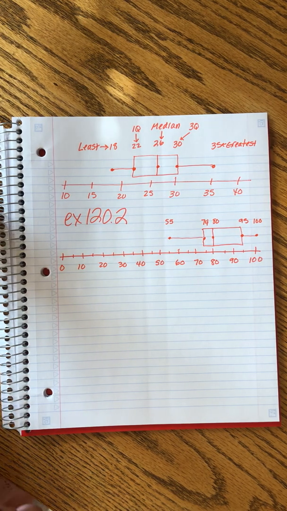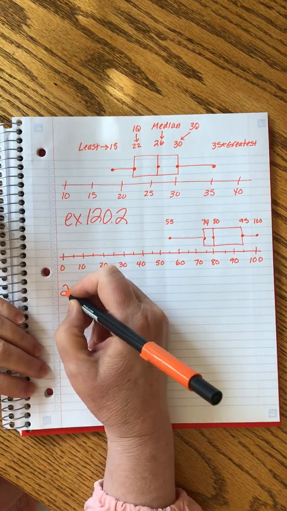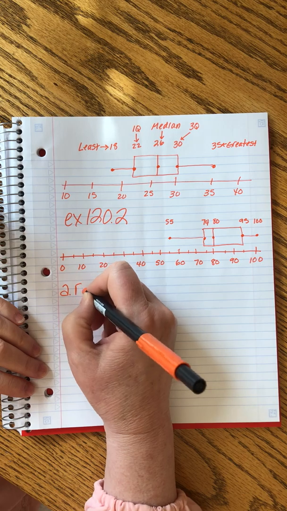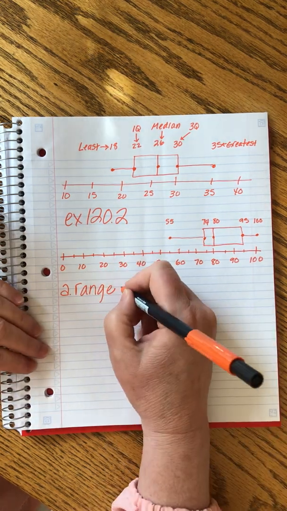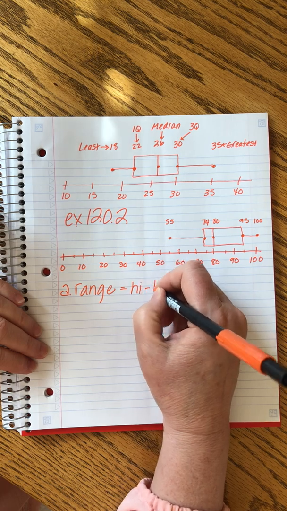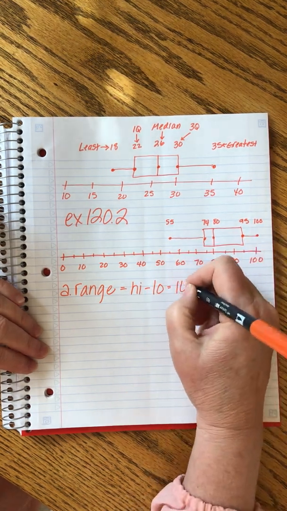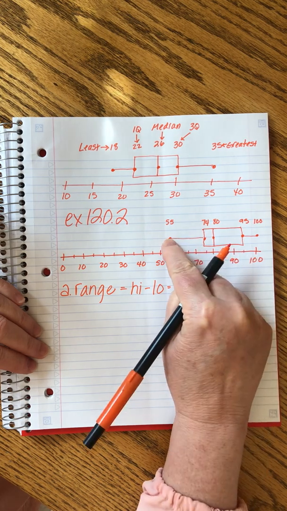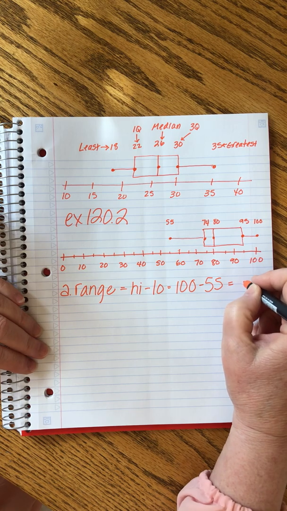Okay, so what we're supposed to do is find A, the range, median, mode, and mean. Range. Okay, what is the range? The range equals, I always think of it this way, the high minus the low, and that is 100 minus, there's our low score, 55. So the range is what, 65?